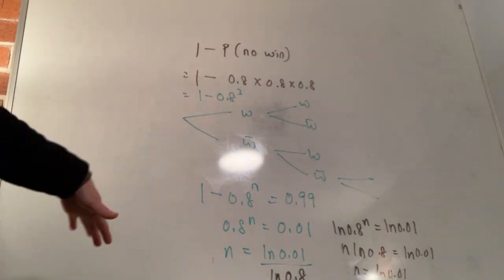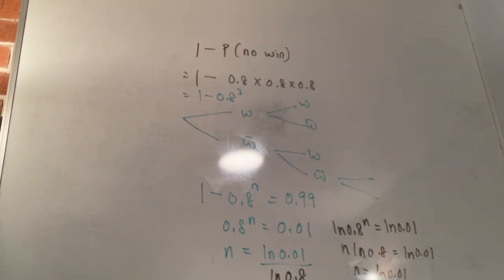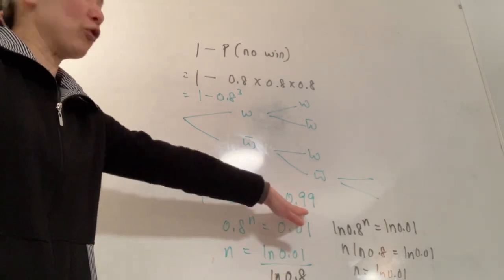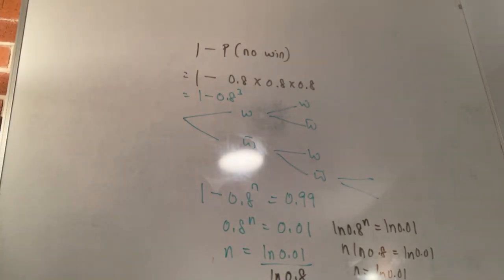Because n is the number of games, the person must play 21 games in order to get 99% winning. Otherwise, if you play 20 games, it's not going to reach 0.99, it's going to be 0.98 something. So you want more than that. When you're doing the calculation, it doesn't have to be the inequality sign, right? No, you don't have to.